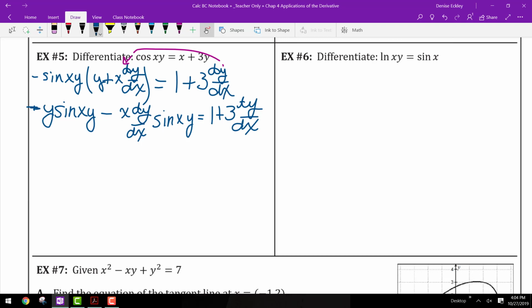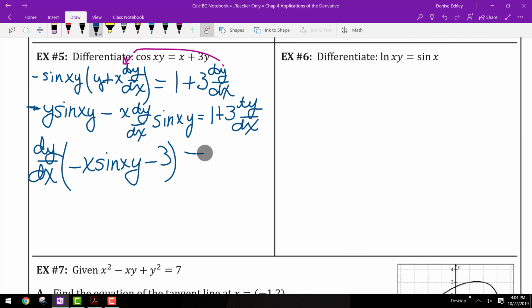So I am going to have dy dx on this side, on the left, with the terms negative x sine xy, and then I'm going to have a minus 3 from the other side. And then I'm going to have 1 plus y sine xy. So this is now here, and this term is now here.